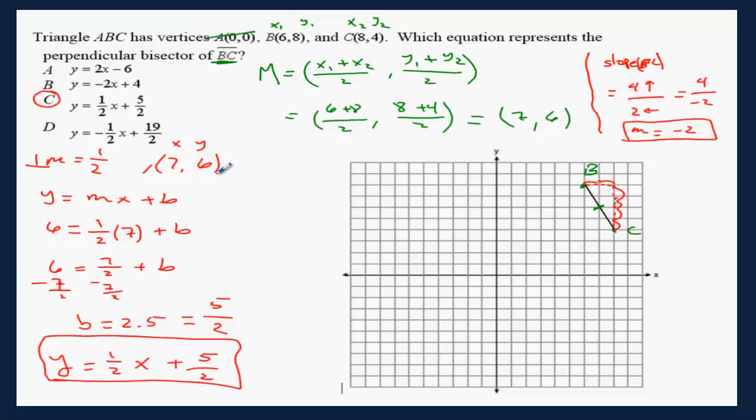If you really understand the concept of the perpendicular bisector, you might graph a perpendicular line and estimate which choice best fits that line, or you might use a graphing calculator. But I'm just going to stick with this way. I know it's a long process, but this is the most accurate mathematical way. Work well.